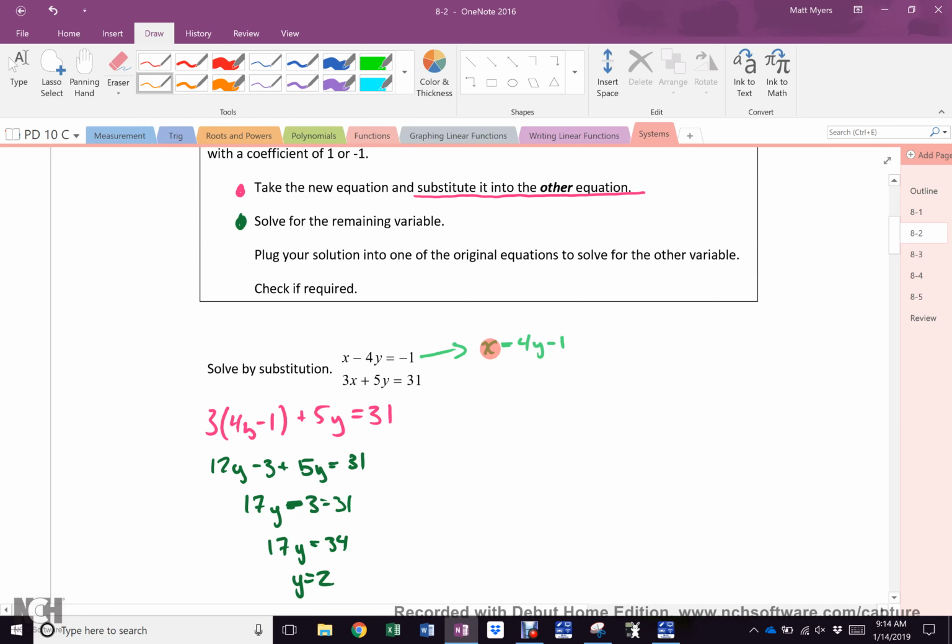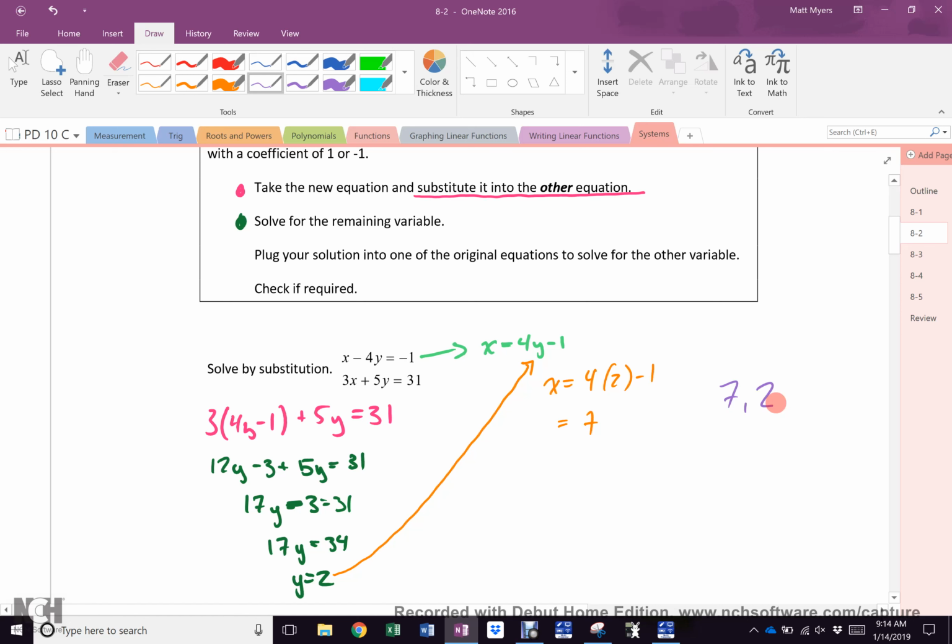X. But right here I know x is 4y minus 1, isn't it? And what does y equal? 2. So x equals 4 times 2 minus 1, which is 7. What is the solution to the system? 7, 2.